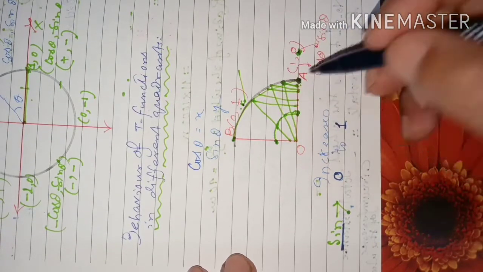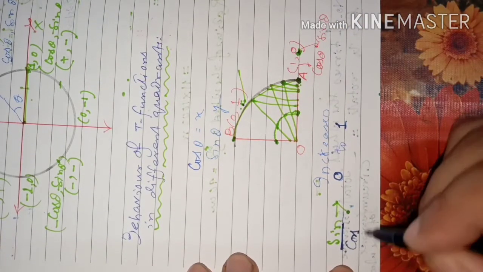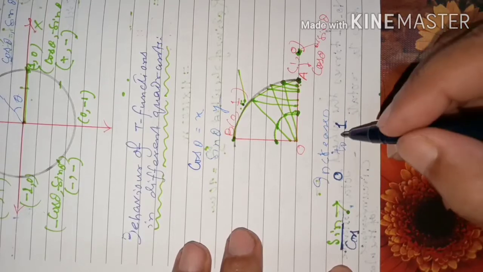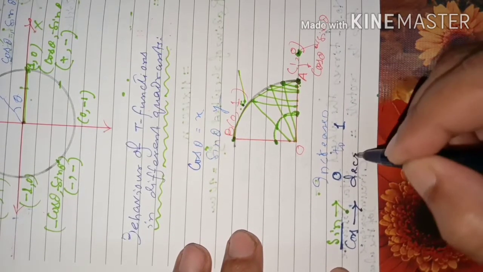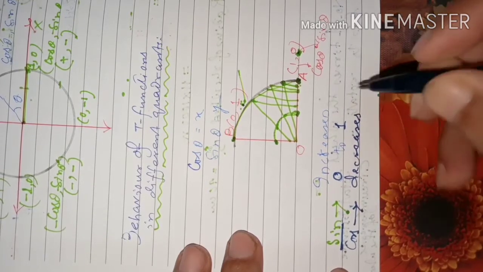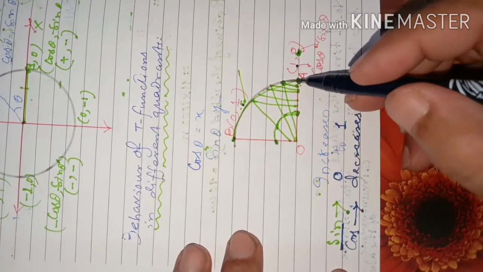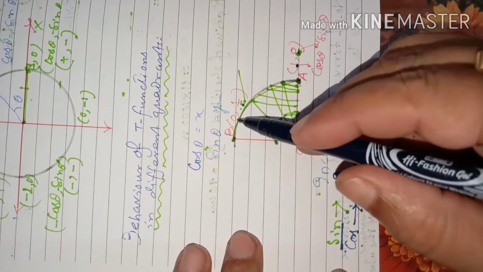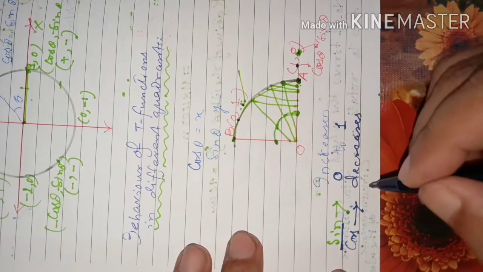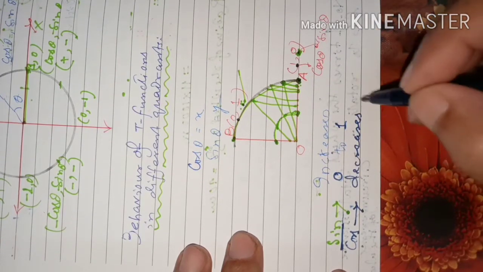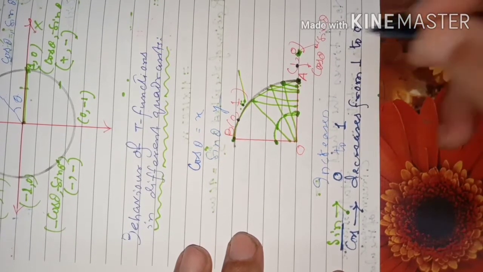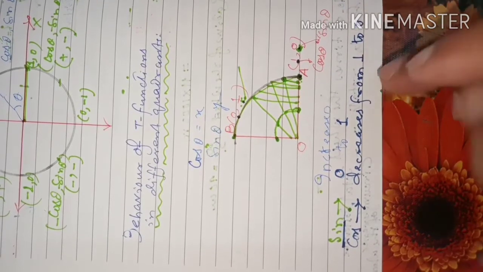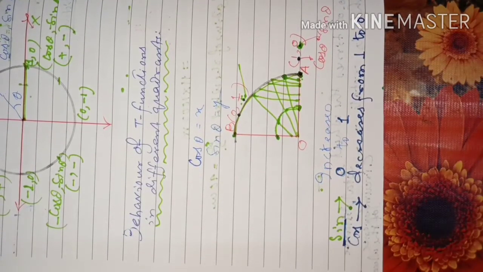And cos theta value decreases. So sin is increasing, but cos is decreasing. Why does it decrease? Because at first cos theta is 1 at this place, and here it is now 0. So cos decreases from 1 to 0. That is the behavior of sine and cos function in the first quadrant.